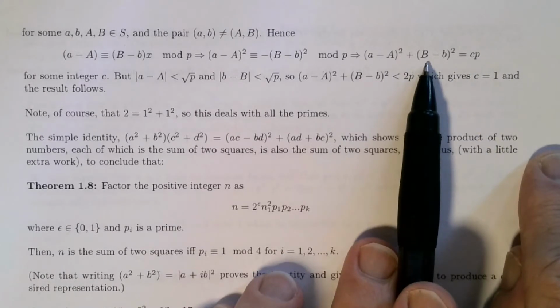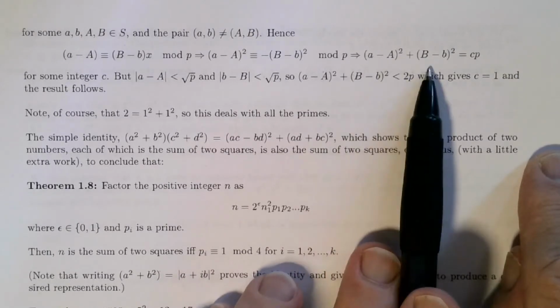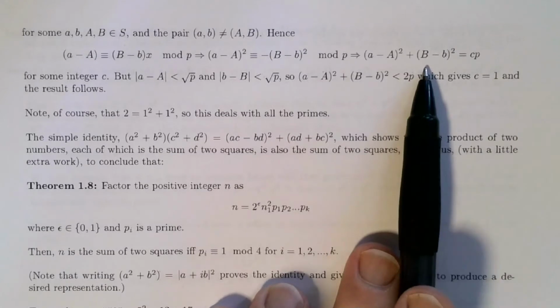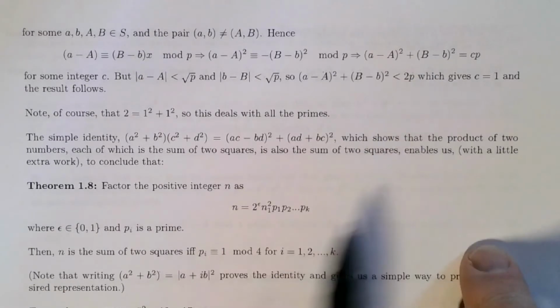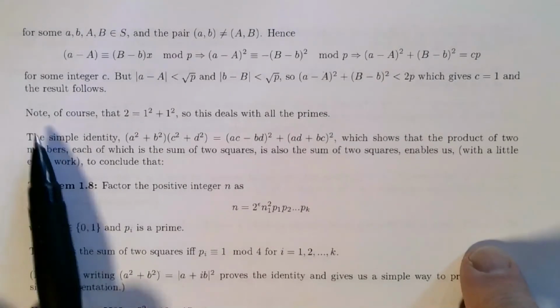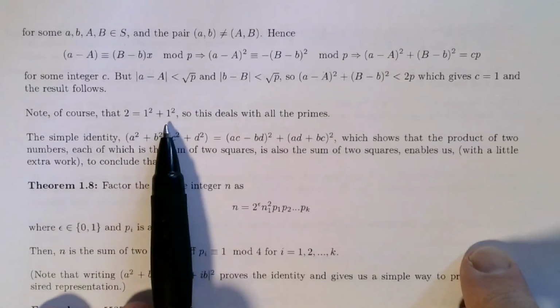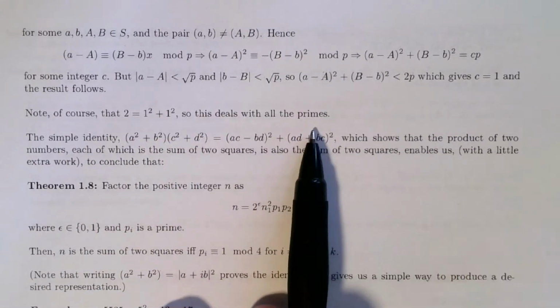That's a very nice, cute little proof, and it shows also the close connection between the fact that you can write these 1 mod 4 primes as the sum of 2 squares and the connection with being able to take the square root of minus 1 modulo p. By the way, of course, 2 is 1 squared plus 1 squared, so this now deals with all the primes.